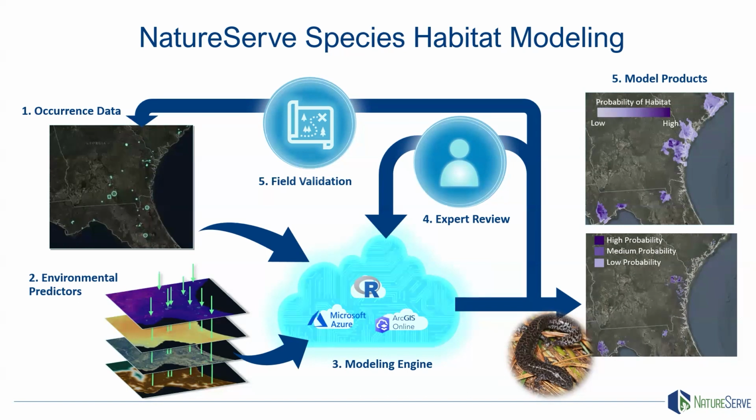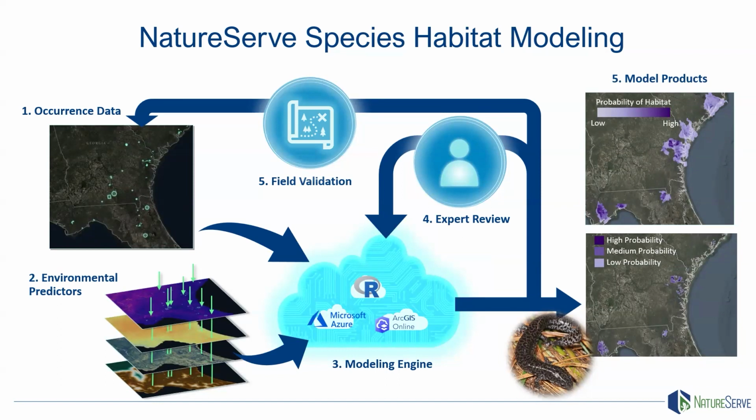Using sophisticated machine learning techniques, we characterize the environment where the species is known to occur and map where else on the landscape similar conditions are found. Outputs include a probability surface indicating from low to high the likelihood that a pixel provides habitat for the species in question. The continuous probability surface is then categorized to depict areas of low, medium, and high probability habitat.